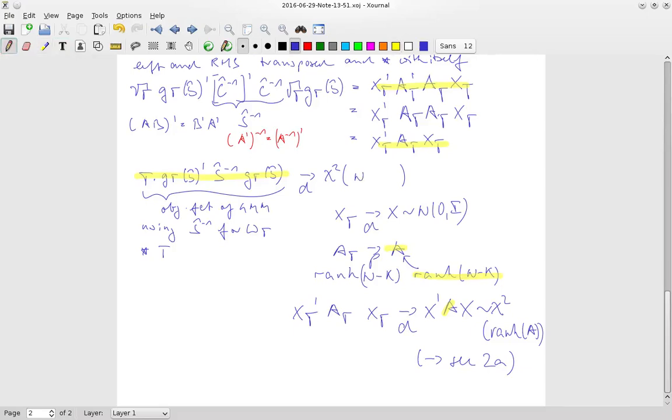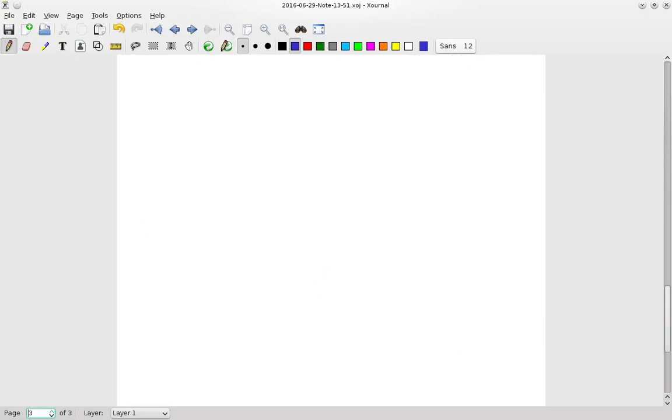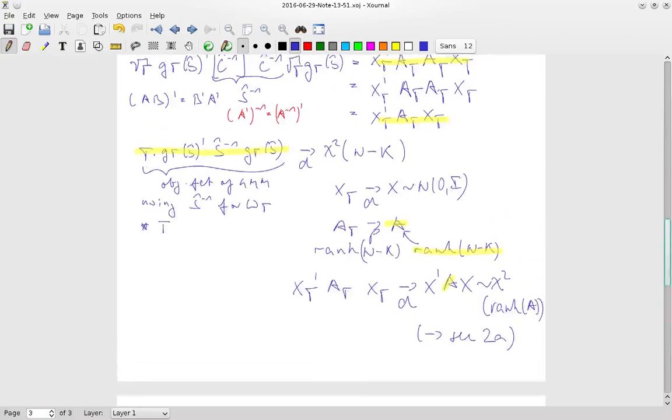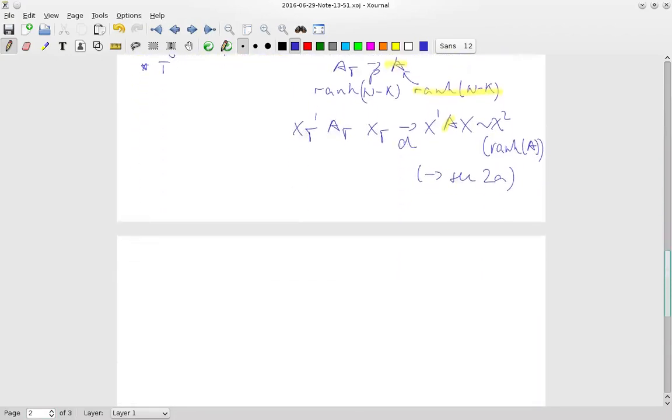So I can write this result here as well. And that essentially is our key result that we need to store away. And maybe write it again.